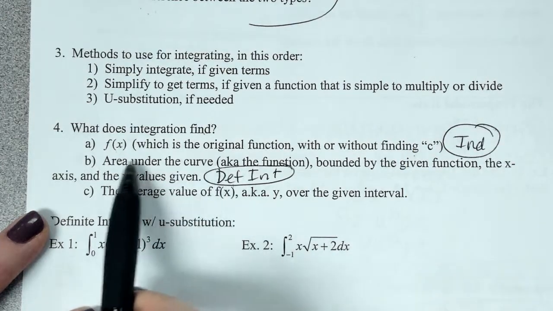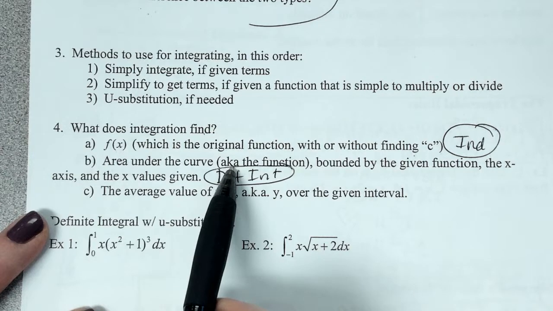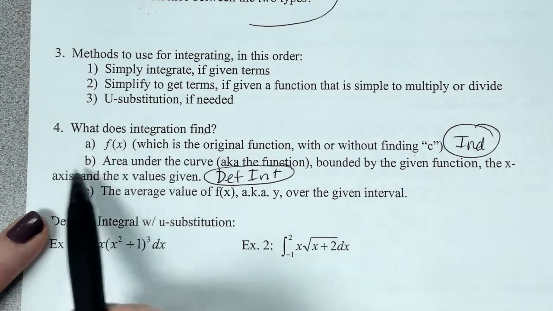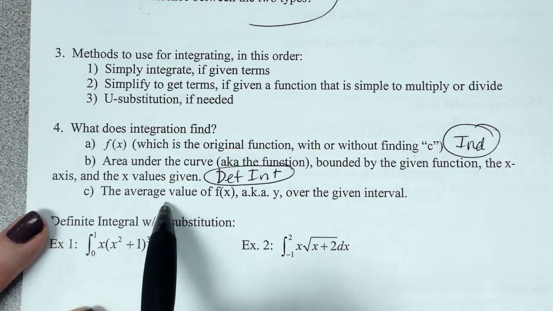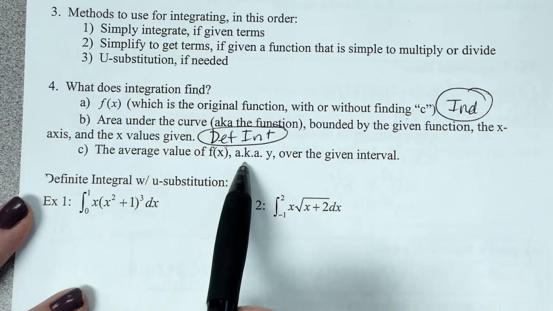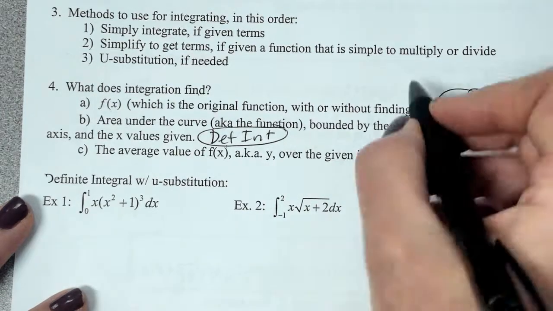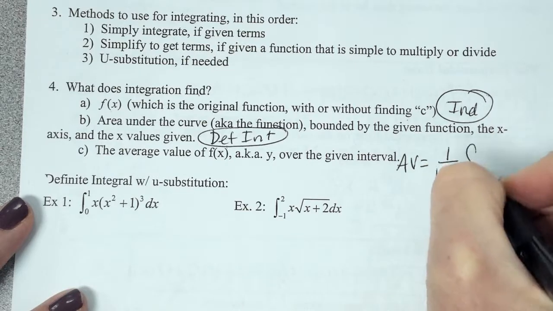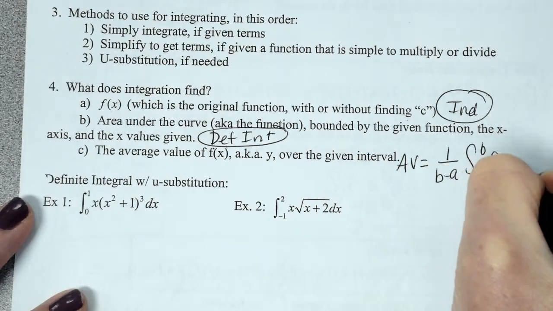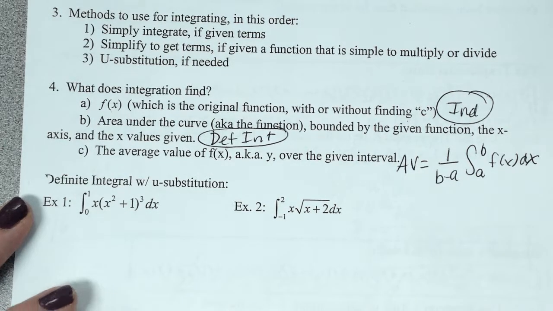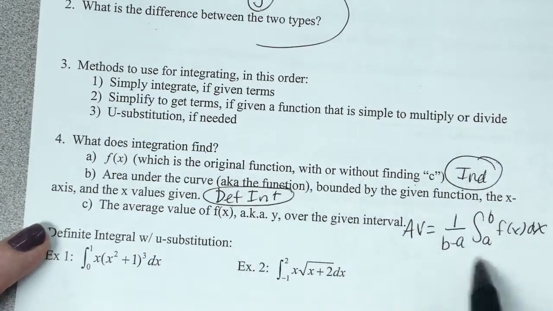So definite integrals find the area under the curve, meaning whatever the function is, bounded by the function, the x-axis, and the x values that are given. The other thing that integration can find is the average value, meaning the average y value. Remember that average value? It was 1 over b minus a times the integral from a to b of f of x dx. Did that before spring break, a little while ago. So those are the three things we can do.